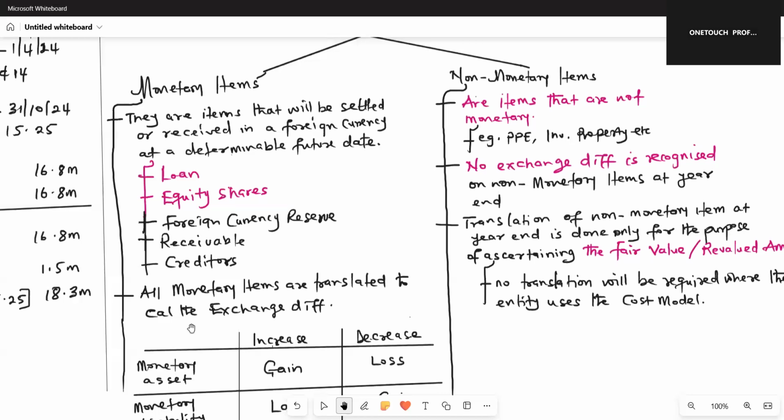Do you have OCI in financial position? We are talking of non-monetary items. So we are referring to assets or liabilities that you are expecting to either receive cash or pay cash in a foreign currency. That's what we term as monetary items. All others are non-monetary. Okay.